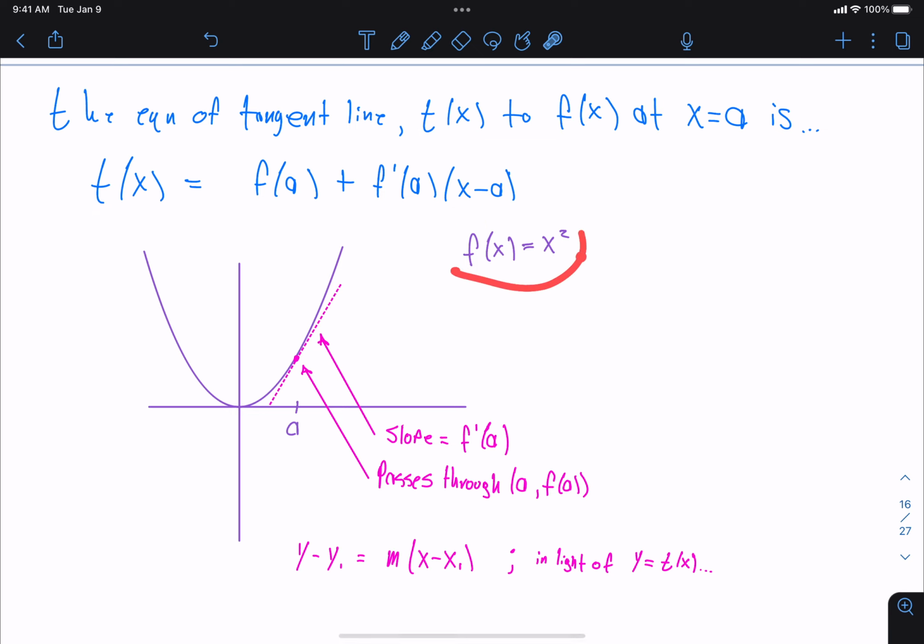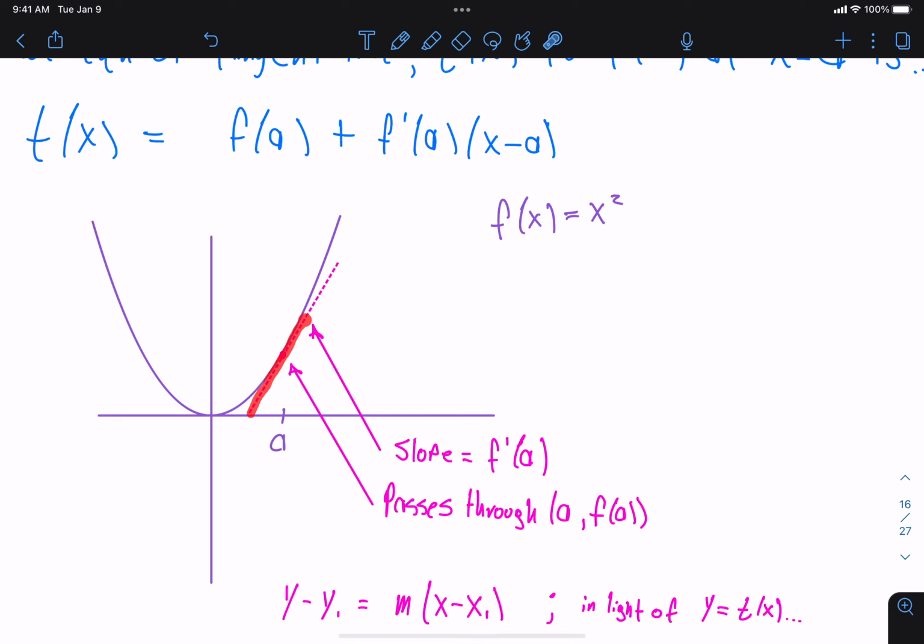Let's do this example where we just take f of x equals x squared, and we're going to take our a value to be some positive number. We want to know what is the equation of the tangent line, i.e. what is the equation of this pink dashed line. What are the two things that I need in order to find the equation of a line?